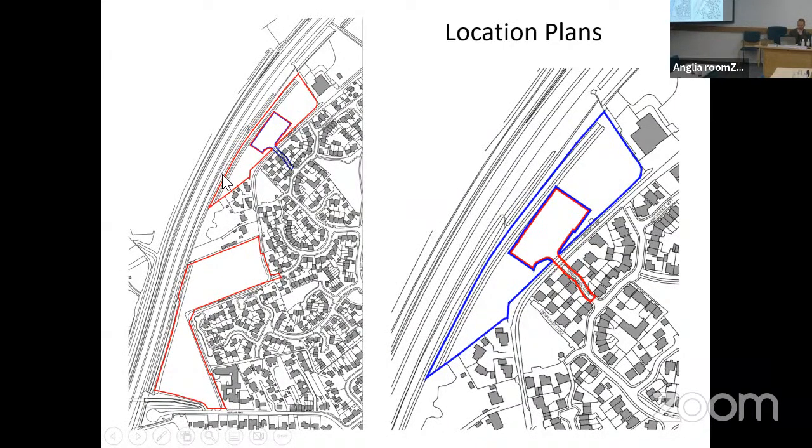So these are the remaining parcels. The red edge for the variation is here in terms of this part, but it also continues down to the south. In terms of the full application, this is the red line here, accessed off Snapdragon Close. We can see the relationship to the A11, open countryside beyond to the northwest, residential area to the south and east, and a cluster of dwellings off Carver's Lane to the south.